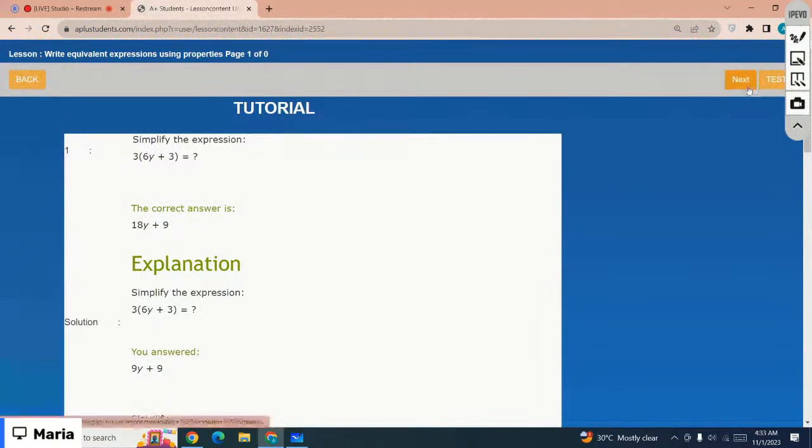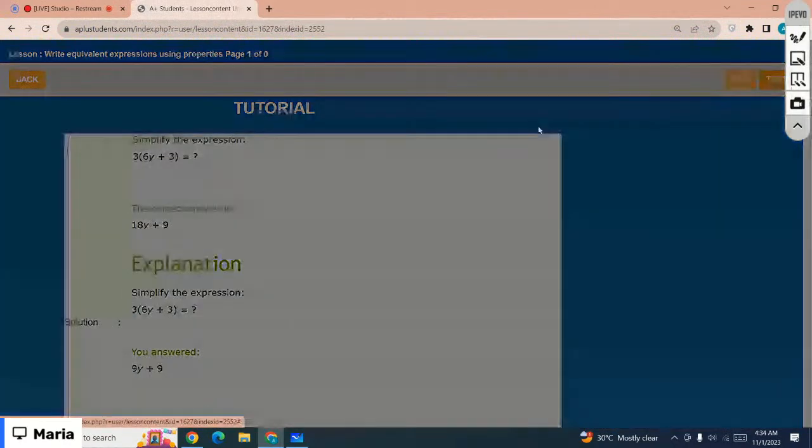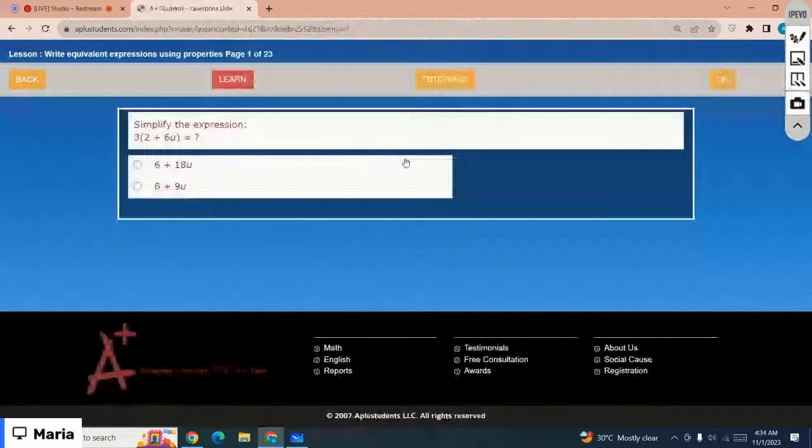Okay, so let's just start with the test questions. Simplify the expression. You have to apply the distributive property here, right? So just apply the distributive property, which is the correct option.